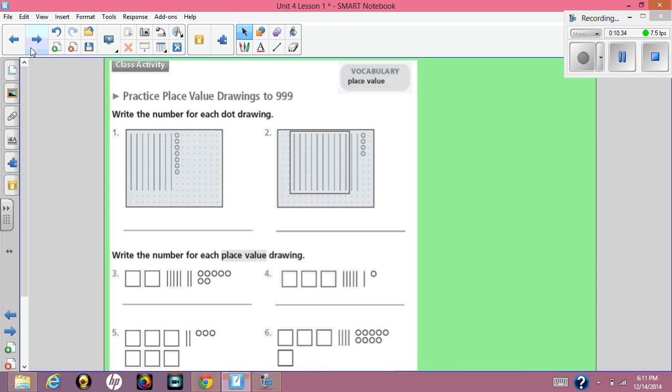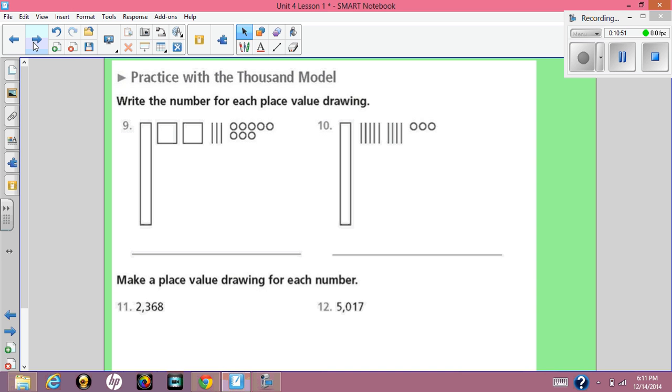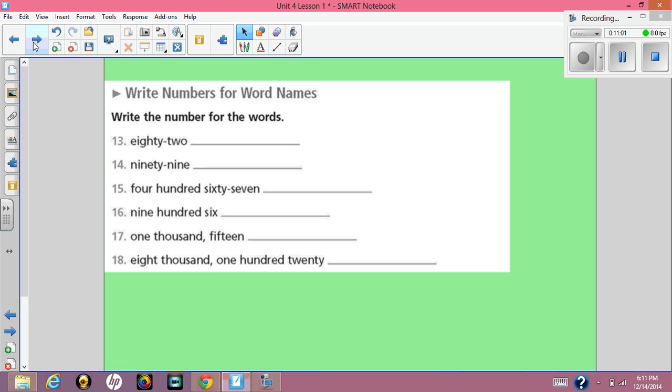Now you're going to have the opportunity today to first identify what a place value drawing is worth, and then you're going to have the opportunity to create a place value drawing for numbers, as well as making sure that you understand what each number represents and which one would be of the greatest value.